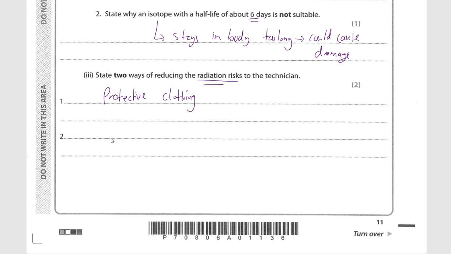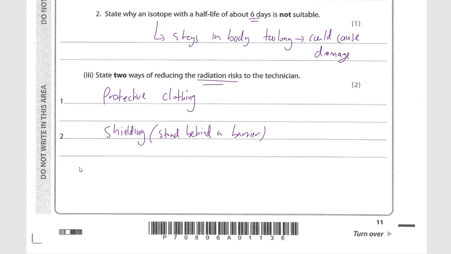And also you'll notice that the person is going to be using some sort of shielding. It means the person is going to be standing behind a barrier or a screen, okay.